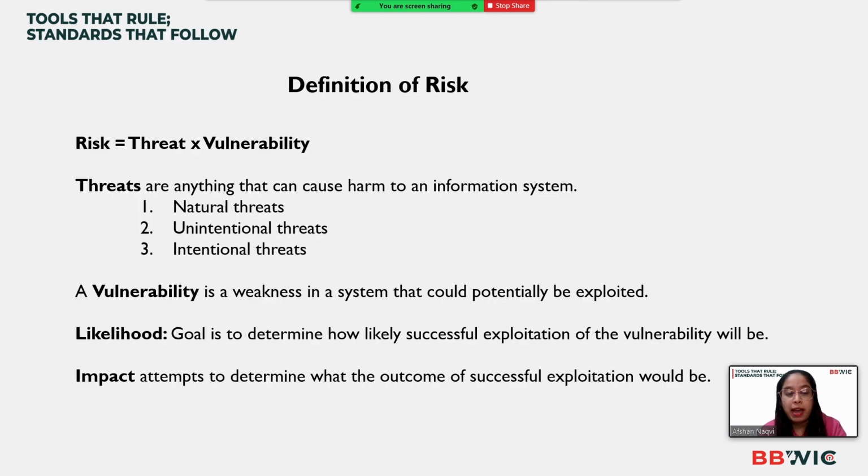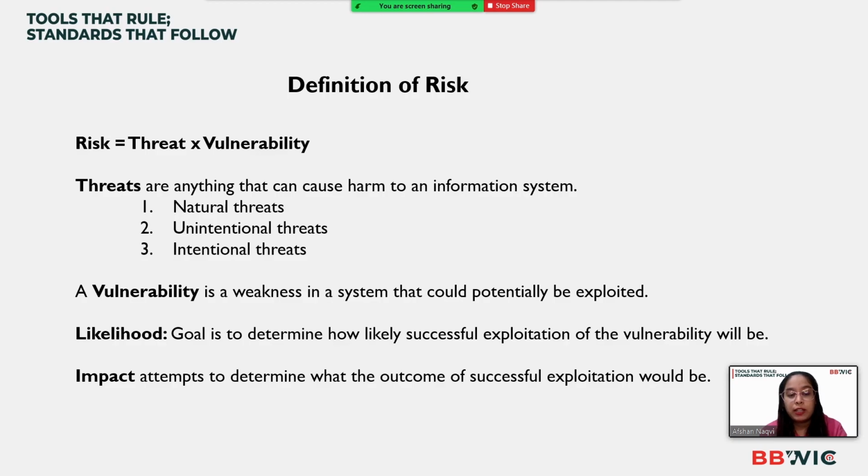Natural threats are caused by mother nature. Floods, quakes, temperature extremes, and storms are all examples of natural threats. The second one is unintentional threat. It's like an employee mistakenly accessing the wrong information or accidentally deleting an important file. Intentional threat: computer crimes are the best example of intentional threats, or when someone purposely damages property or information.